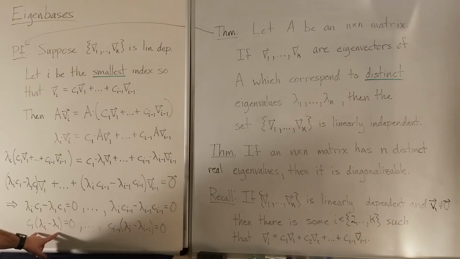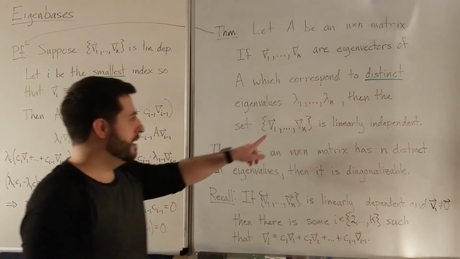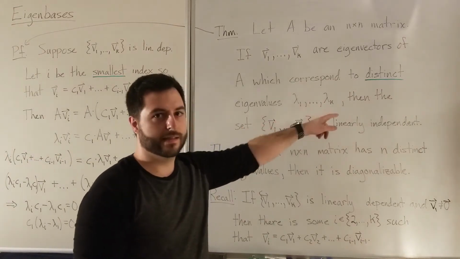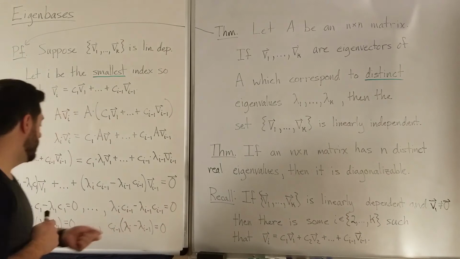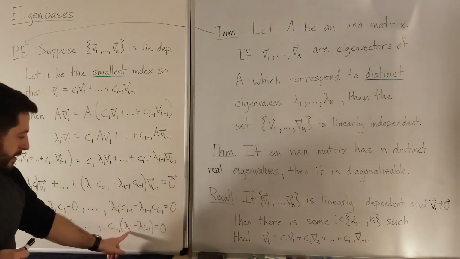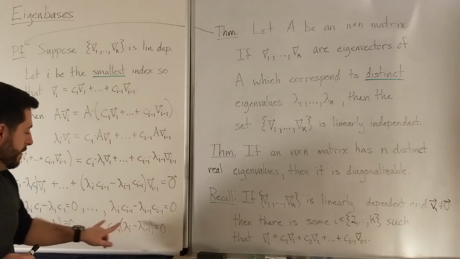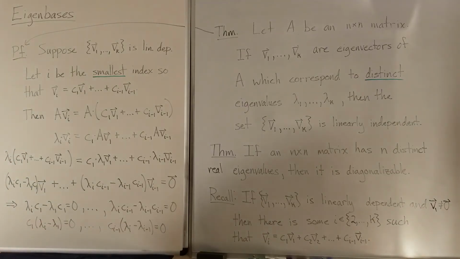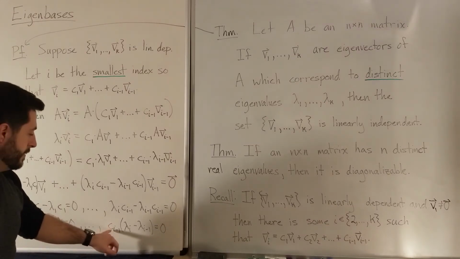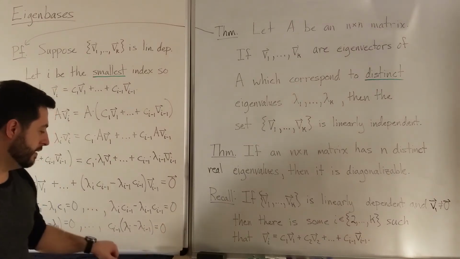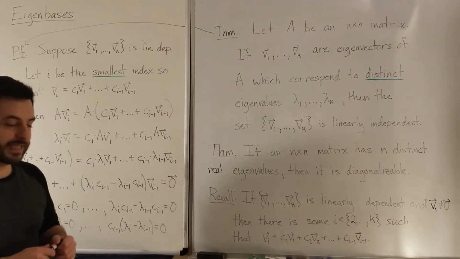But that difference is not allowed to be 0, because what would it mean for lambda_i minus lambda_1 to be 0? Lambda_i would have to be equal to lambda_1, and my eigenvalues are distinct, so lambda_i is not allowed to equal lambda_1. Similarly, up here, lambda_i is not allowed to be lambda_{i-1}. All of the parentheses that I'm getting in all these terms are not allowed to be 0. So when I say the product of c sub whatever times parentheses equals 0, what I'm really saying is the c's must be 0.